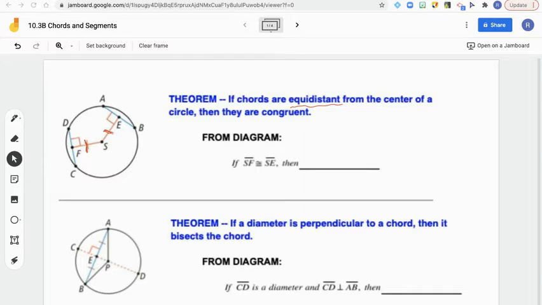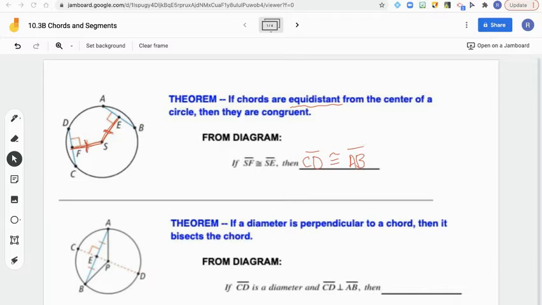And it has to be the distance from the center. So when we look at this first diagram, if SF is congruent to SE, then these chords, CD and AB, have to be congruent. They're going to be the same length.